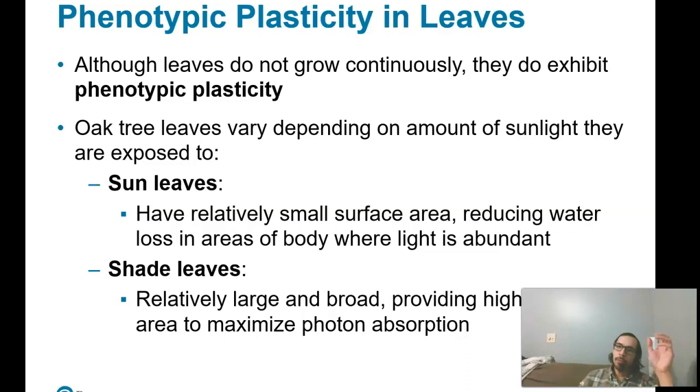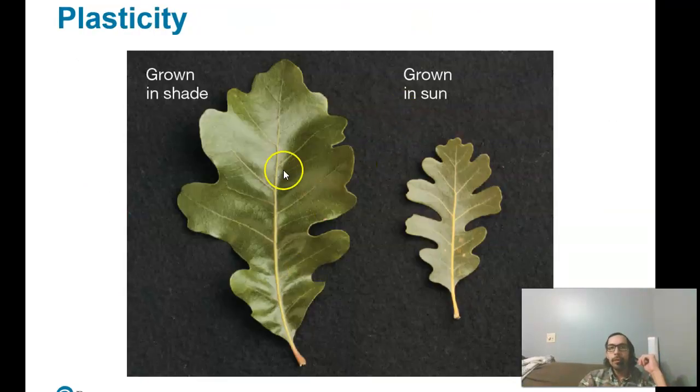This allows it to reduce water loss through transpiration. But the shaded leaves have a large and broad surface, and these are to maximize photon absorption. So these are the oak tree leaves, the ones that are grown in the shade, and then the ones that are grown in the sun.